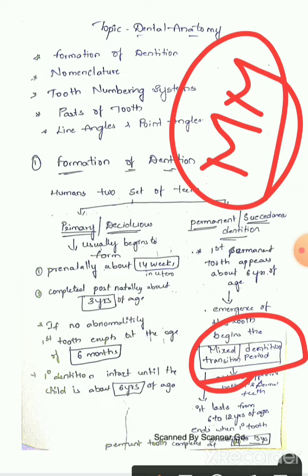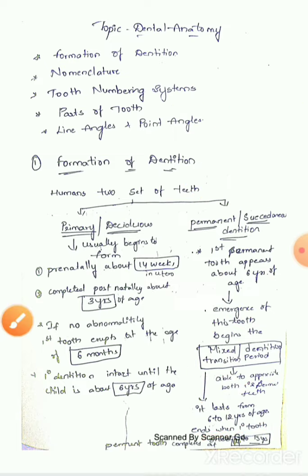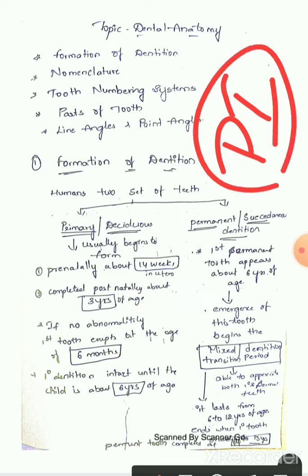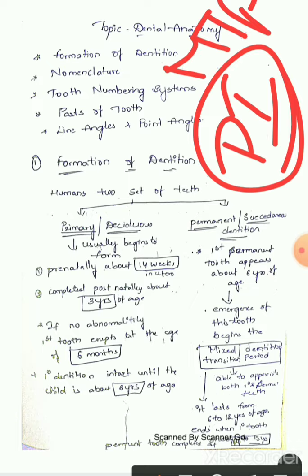In the mixed dentition period, we can appreciate eruption of molars, shedding of the primary incisors, and eruption of permanent incisors. So in the mixed transition period we can appreciate appearance of molars and eruption of permanent incisors.